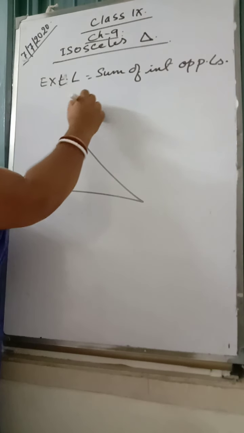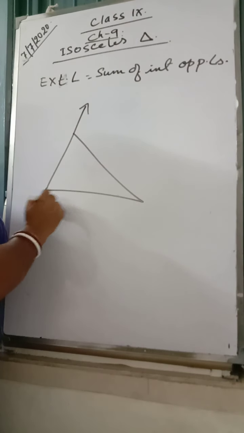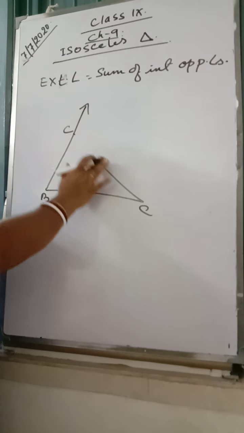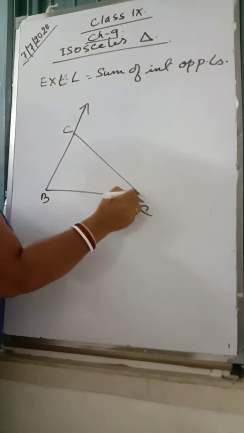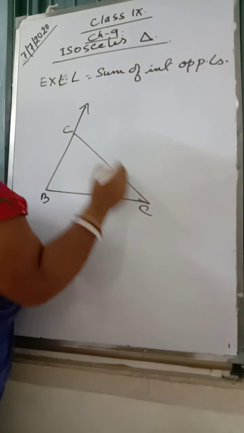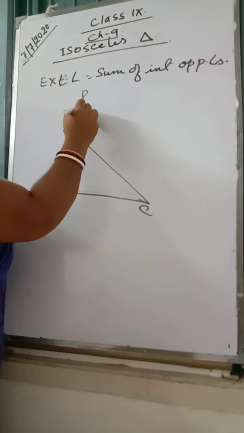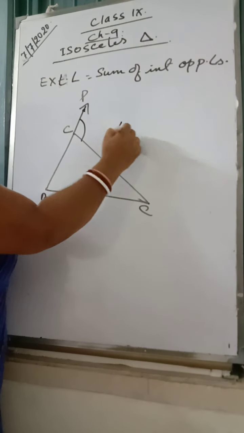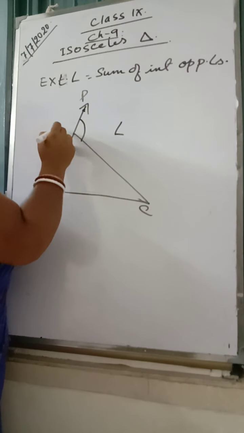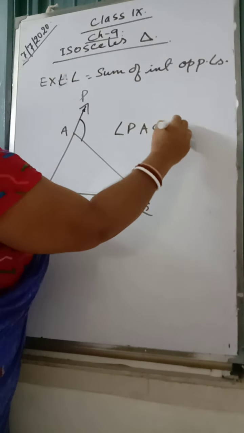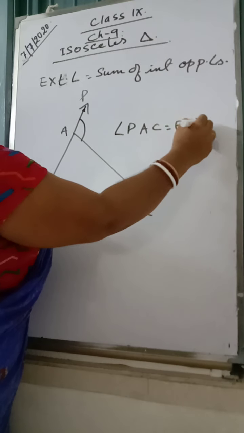Once again I am saying, dear, I can increase the triangle side in any direction. For example, this BC is increased up to P. Okay, this is P. So this angle PAC is the exterior angle.